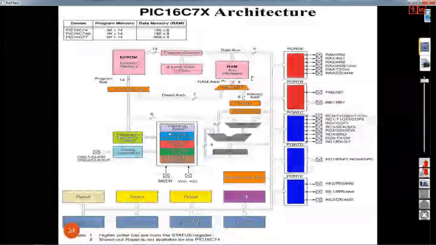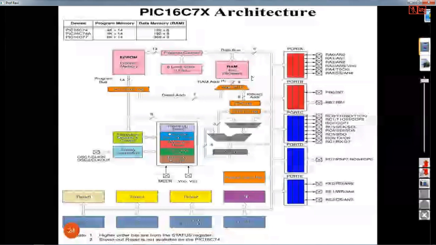Right, the instructions are 14 bits wide at a time. And the data memory has special registers, which are 8-bit registers, with an 8-bit address bus and 8-bit data bus. And you have n number of general purpose registers. So this is RAM, and this is EEPROM, where your code runs, and where your data runs.